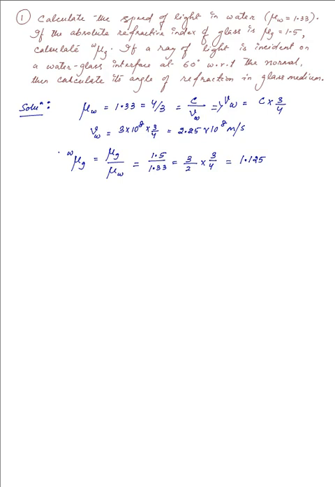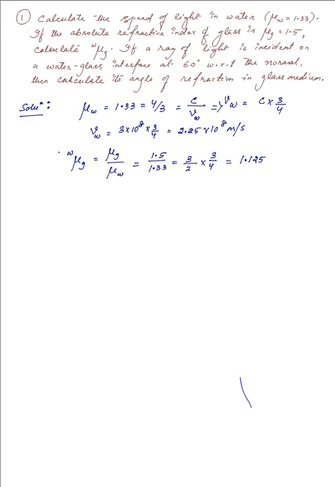So that's the refractive index of glass with respect to water. Now if a ray of light is incident on the water glass interface, because it has been provided as water then glass interface, obviously we are treating the water medium as the first and the glass medium as the second. So water glass interface at an angle of 60 degrees with respect to the normal.